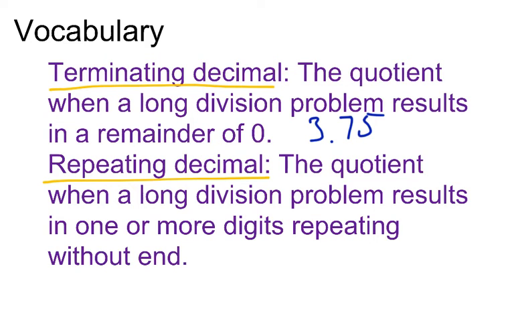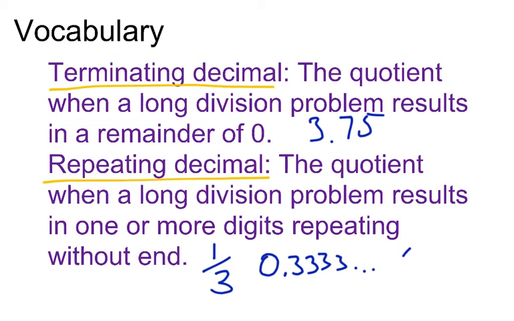A repeating decimal is basically a decimal that goes on forever when you keep dividing. So the definition is a quotient when a long division problem results in one or more digits repeating without end. An example of that would be the fraction 1/3. When we divide 1 by 3, we get a repeating decimal. It's 0.33333 forever.